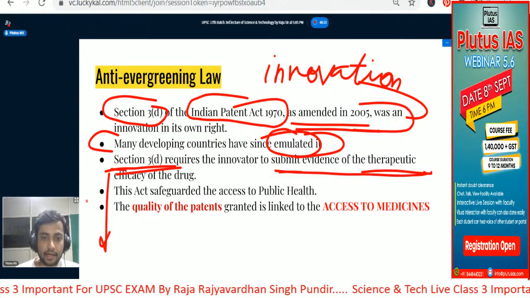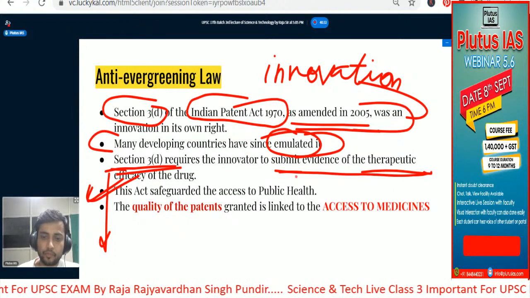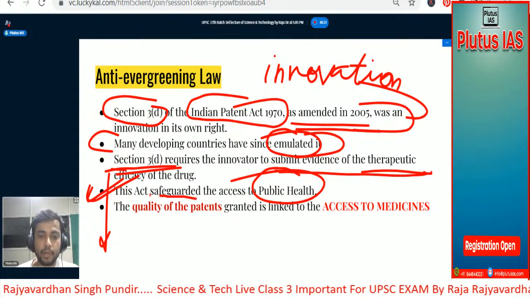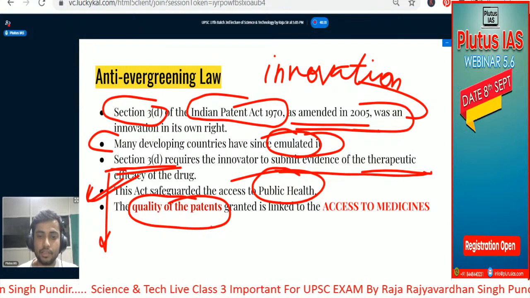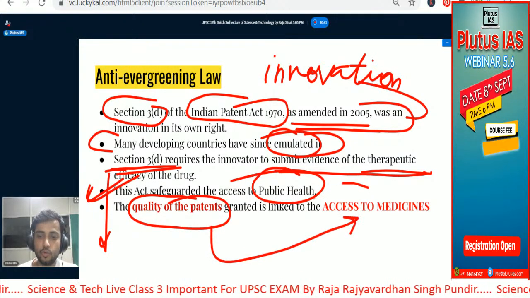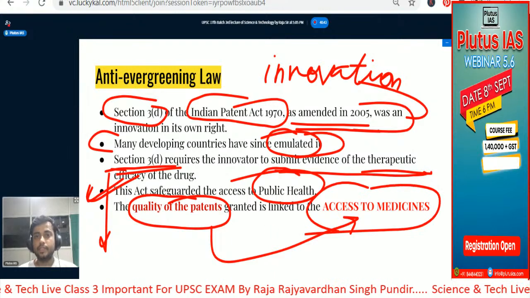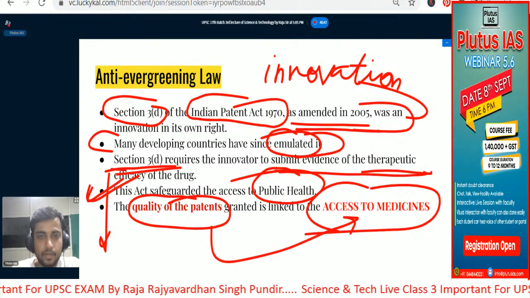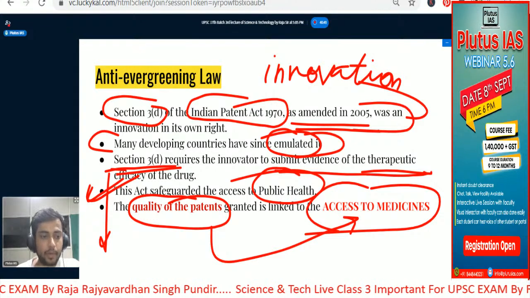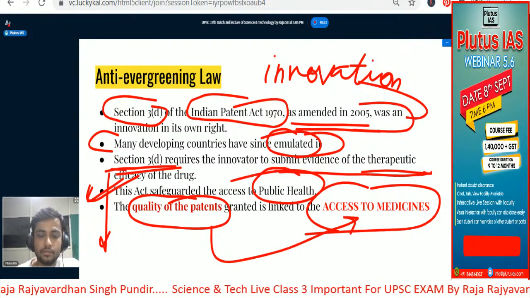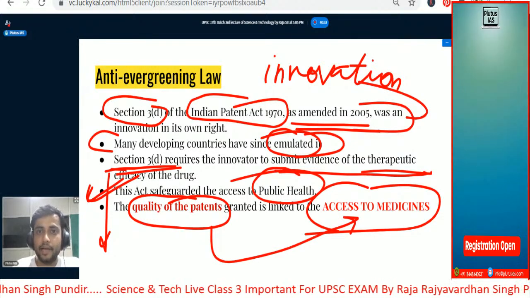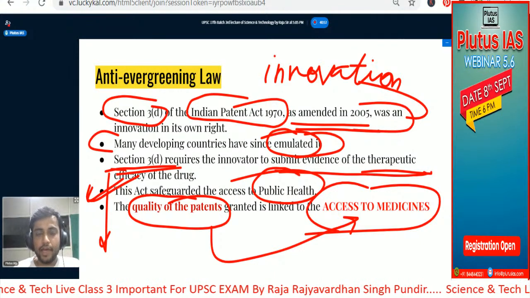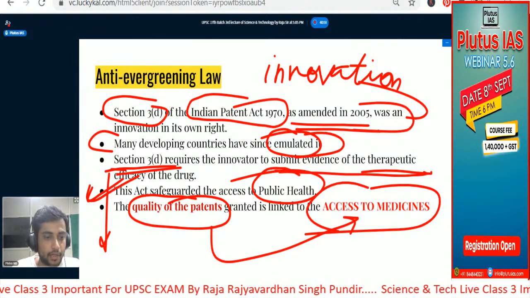So this act acts as a safeguard for public health. The quality of patents is related to access to medicines, and this act is based on this philosophy. You cannot grant a patent to just any medicine, because the quality of patents is related to access to medicines. So we are very choosy while granting patents.